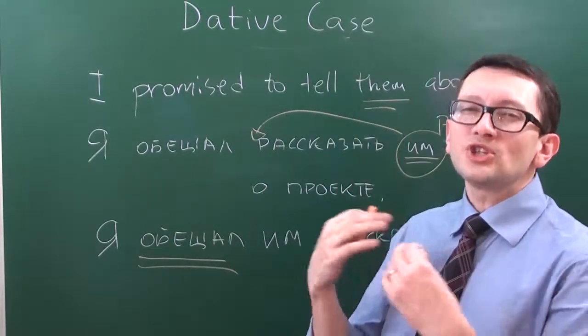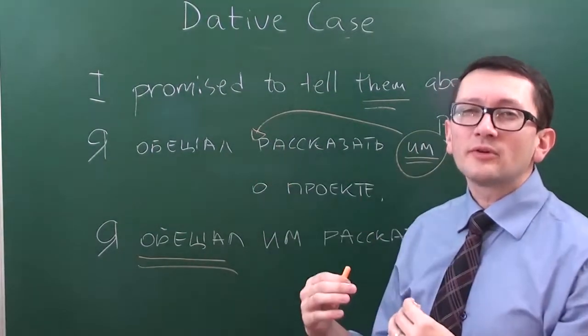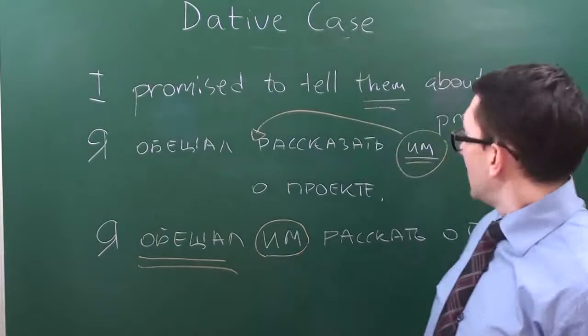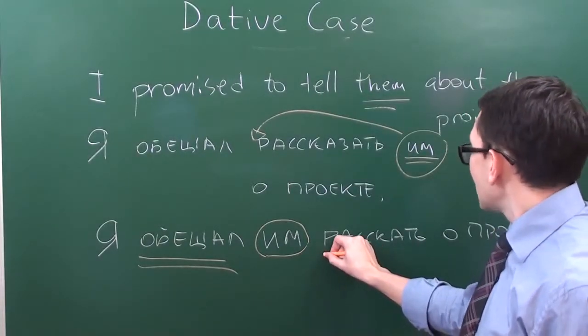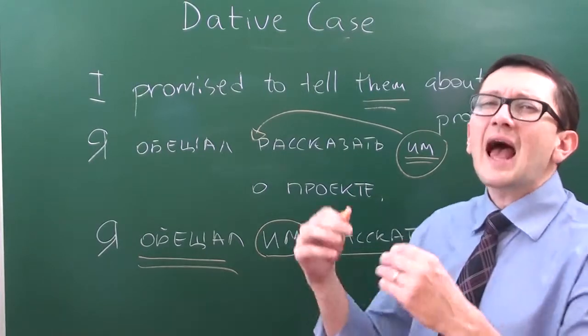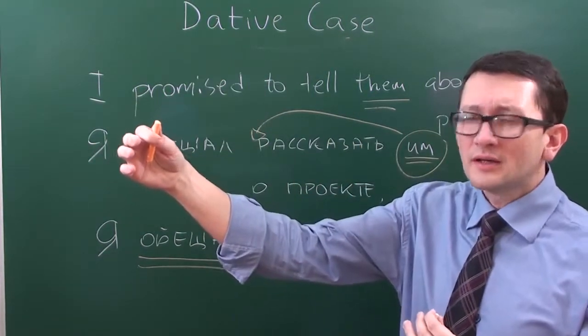active verb. Обещал, yes, I promised. Then I place the personal pronoun in dative case, им. And then again the verb in infinitive form. Я обещал им рассказать. Okay?